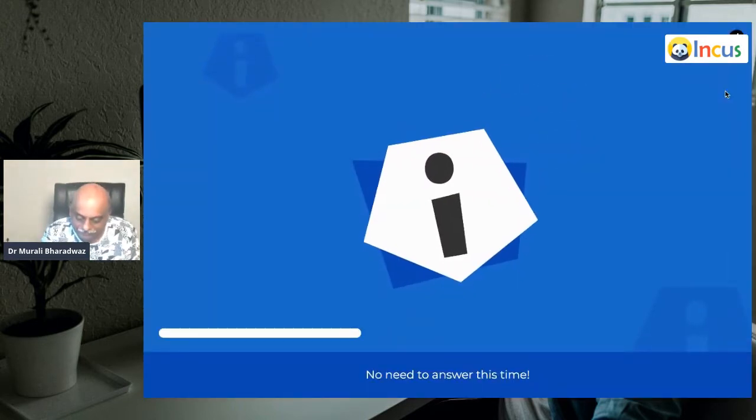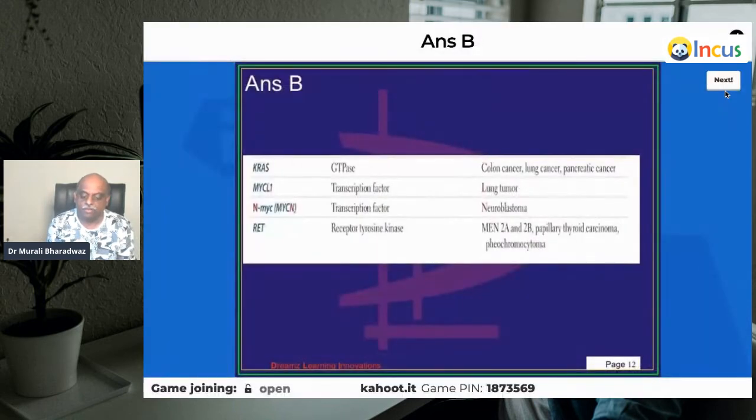Now, doctor, KRAS is a GTPase, in colon cancer, lung cancer, pancreatic cancer. MYCL1 is a transcription factor in lung tumor. And NMYC is a transcription factor in neuroblastoma. And RET is a receptor tyrosine kinase involved in MEN2A, is what you need to remember.